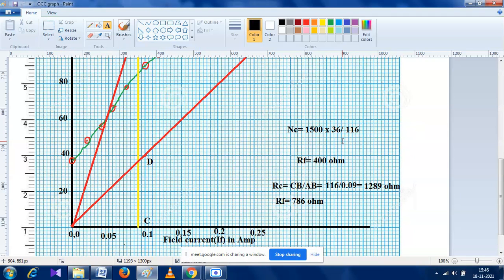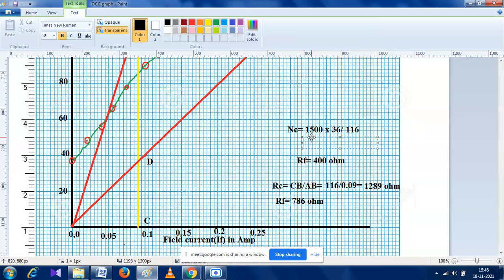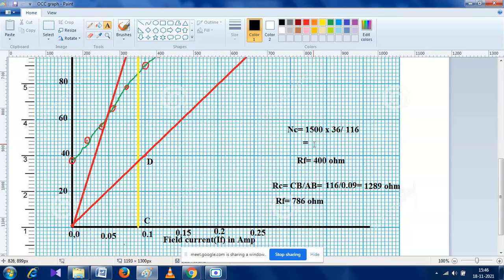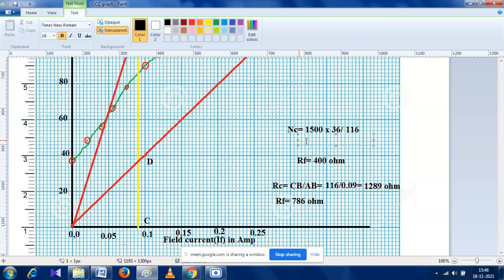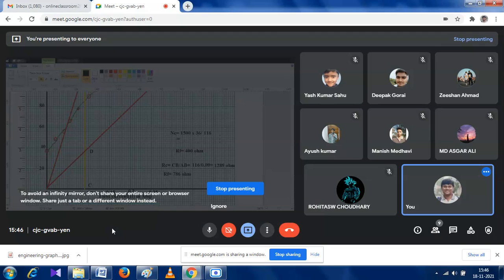So tell me what is the value of that, and what is the value of that? Ayush, Deepak, tell me what is the value of that?